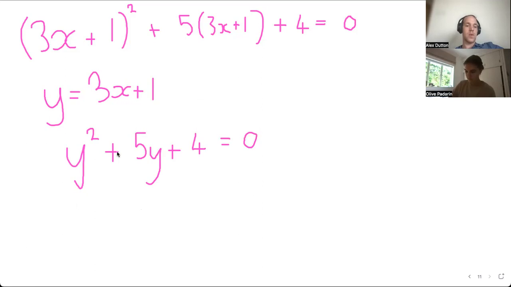Now, this is quite an easy one to factorize, right? Could you factorize this for me, please?